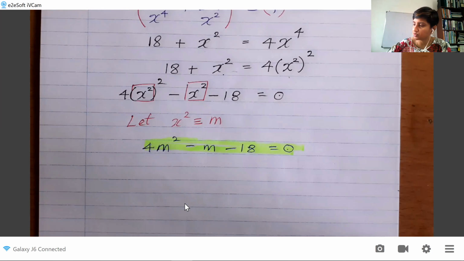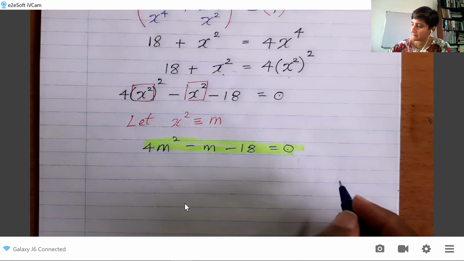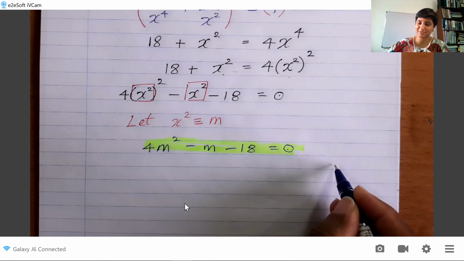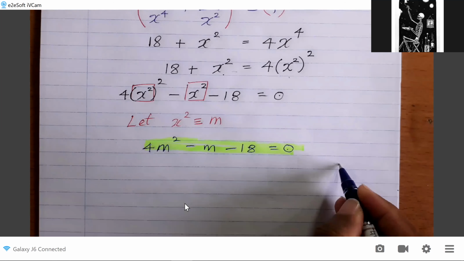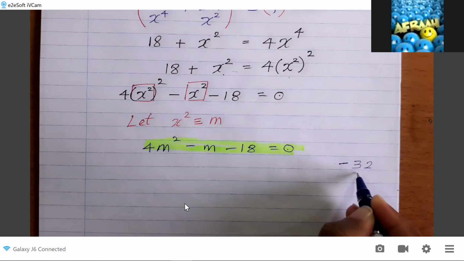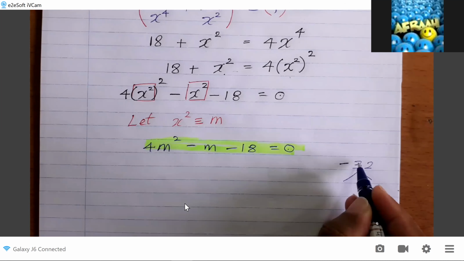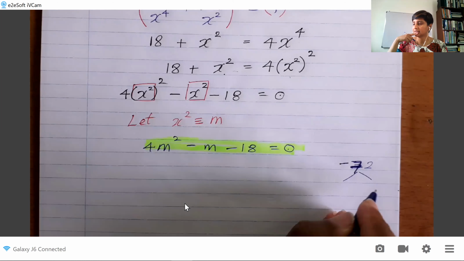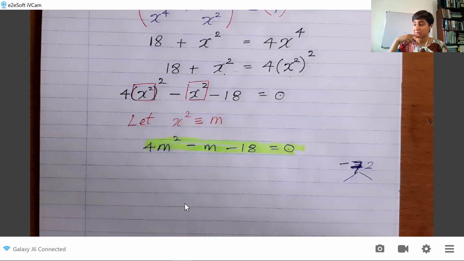From this, at this point, you can just use the calculator, but let me try, does this factorize? Minus 18 times 4. What is minus 18 times 4? Did anyone actually do the factorizing? Minus 72. 18 times 4 is 72.